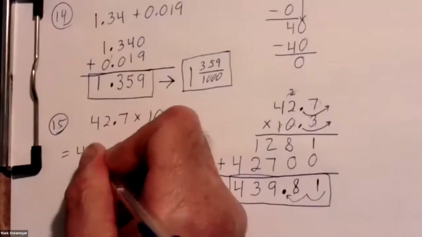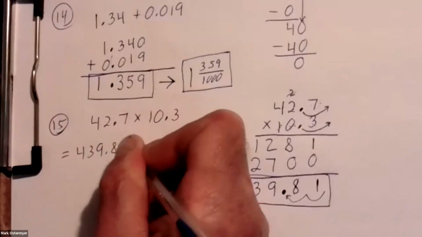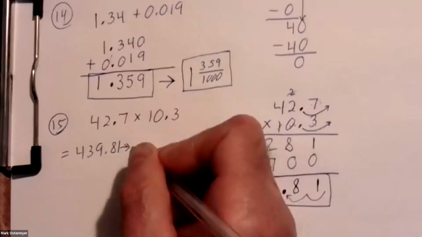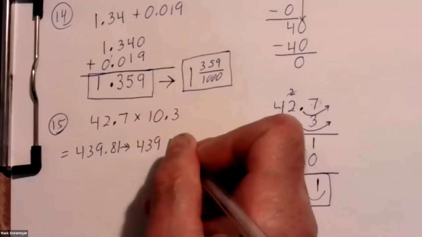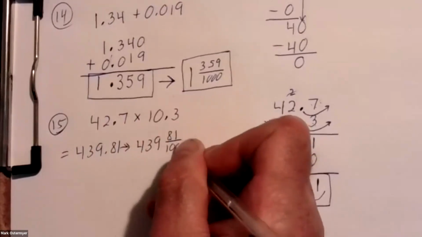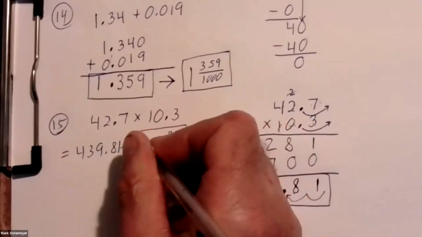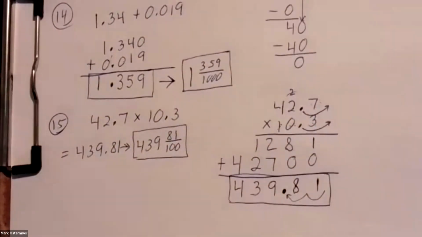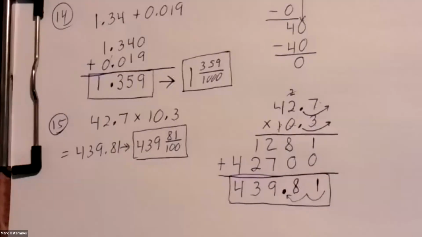Or if they insist that this be a mixed number, you could write it as 439 and 81 over what? 100? Okay. And that's number 15.